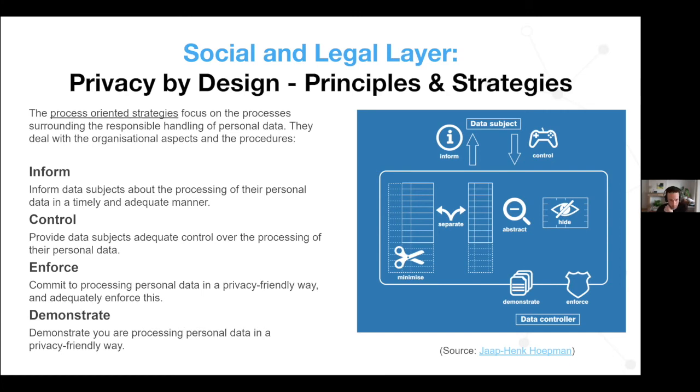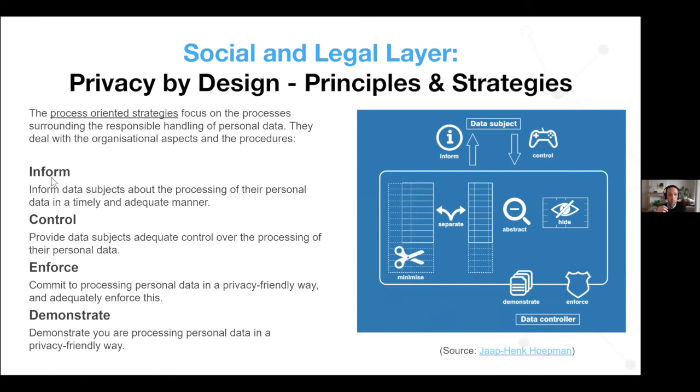And then in terms of the processes, you will see that the processes focus on the relation with the data subject, and then the relation with the data controller. And that's where, of course, architectures such as the MyData operator one are very relevant pieces of work.